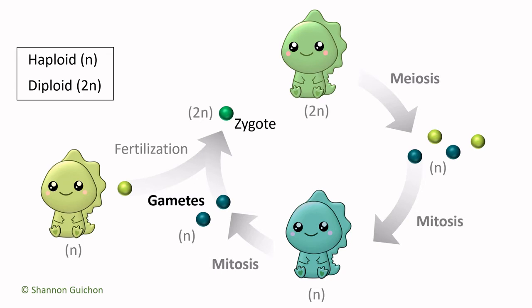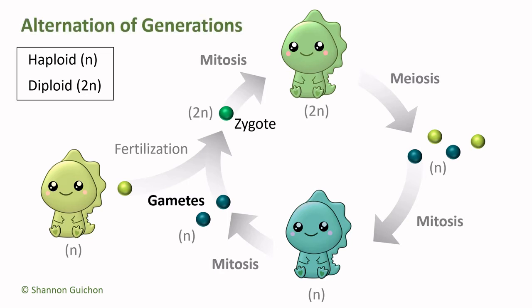The zygote then underwent mitosis, giving rise to the next generation, which was once again diploid. So in this regard, the organism has an alternation of generations. It has one generation that is diploid, followed by a haploid generation, which is then again followed by a diploid generation, and this continues on between every generation.